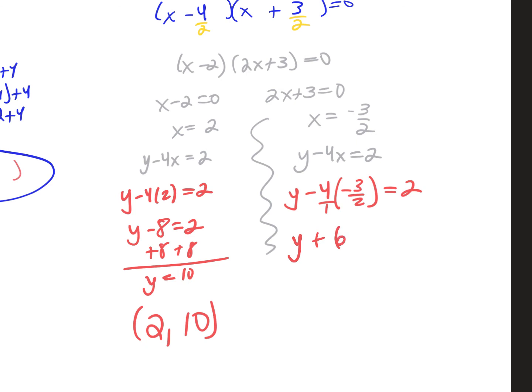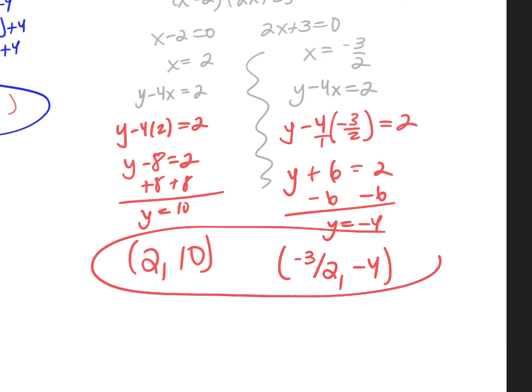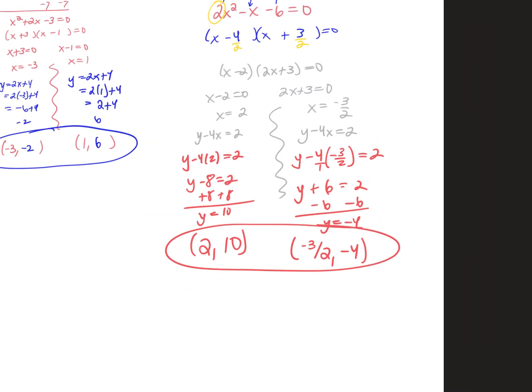You were getting a common denominator. That's okay. Equals 2. Now what do I do? Subtract 6 from both sides. And over here I get y equals negative 4. So here the intersection point is at (-3/2, -4). And that's it. Good job, guys.